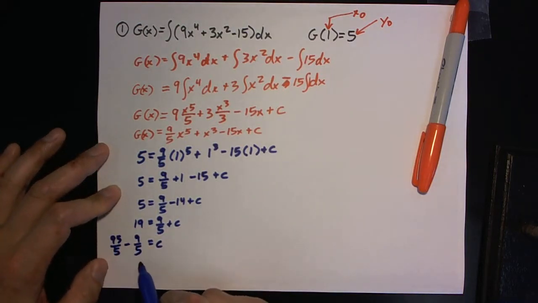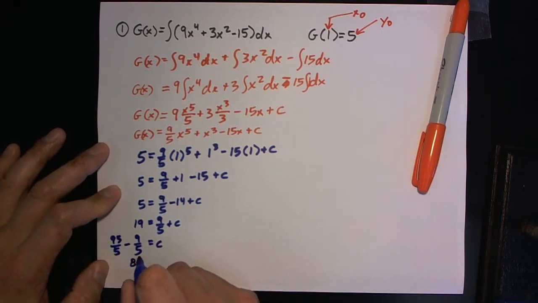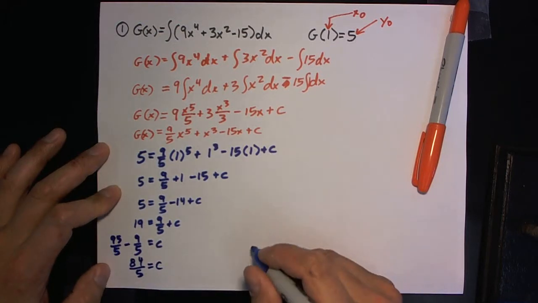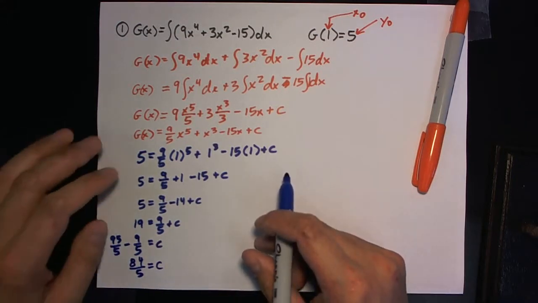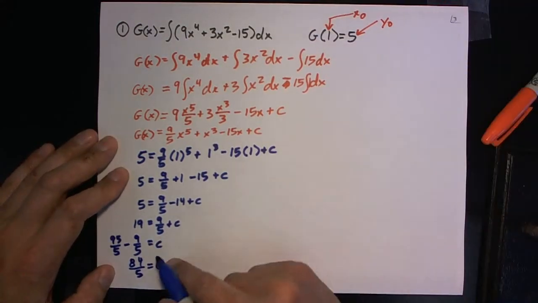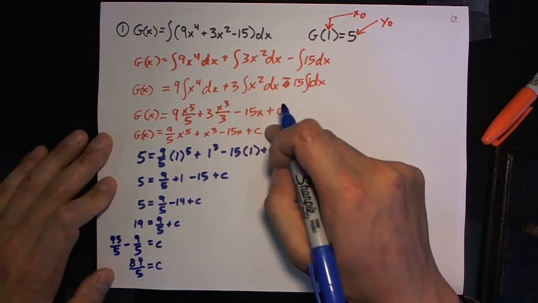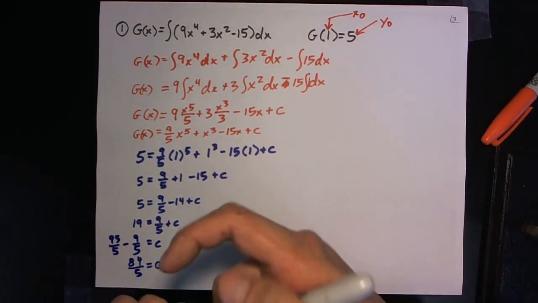Okay, a little bit of arithmetic here gives us 84/5 is C. Okay, now take this, just substitute it back into here, and then you're done.